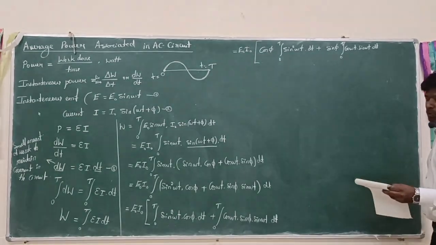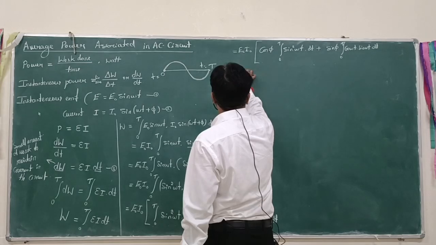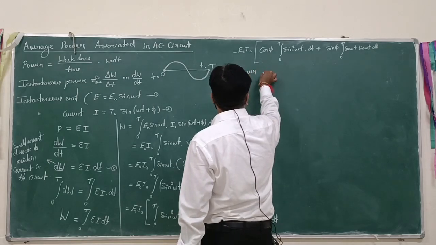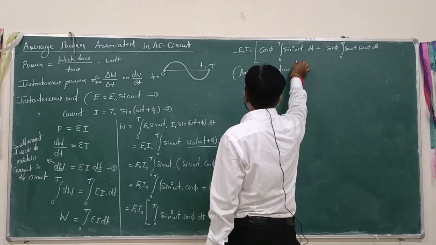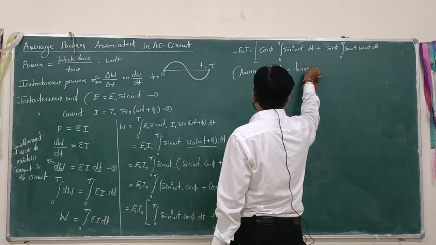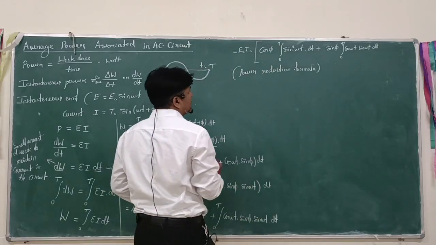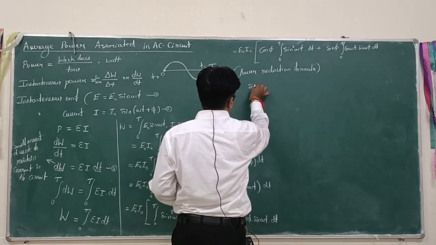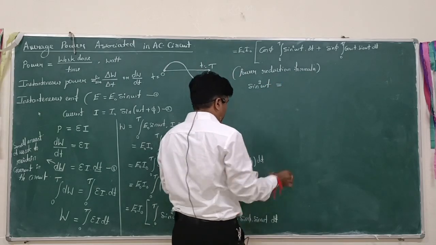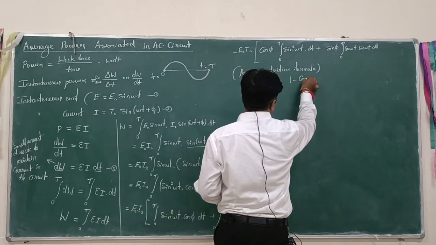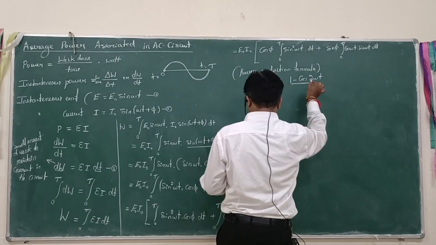Here we have to use the power reduction formula on this. The power reduction formula is sin square omega t is equal to 1 minus cos 2 omega t divided by 2.